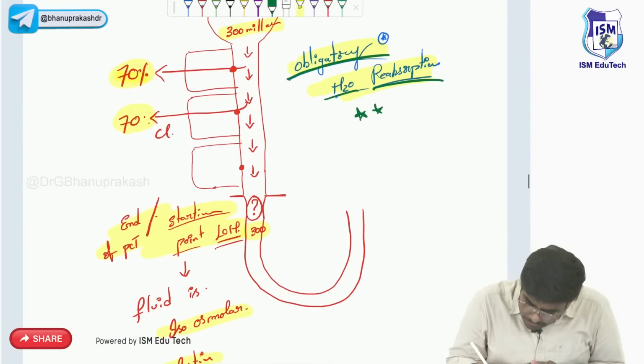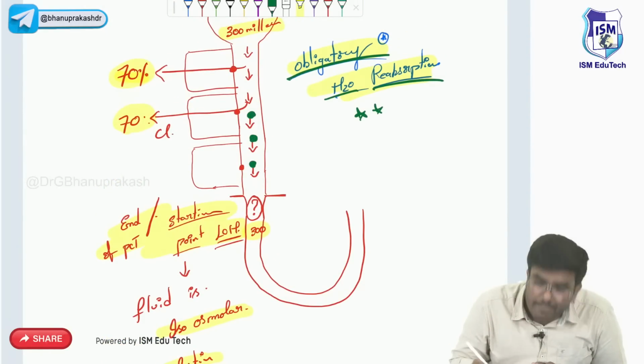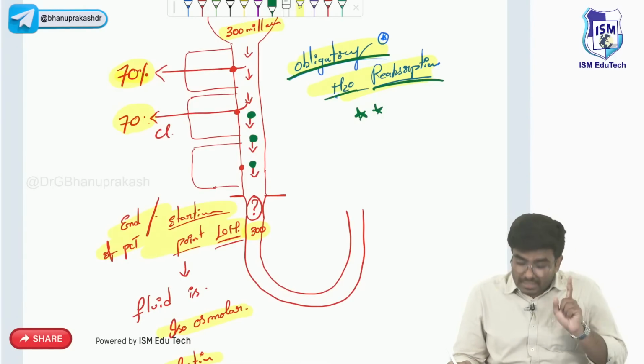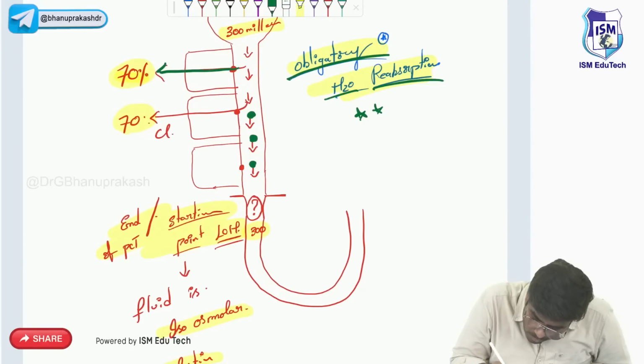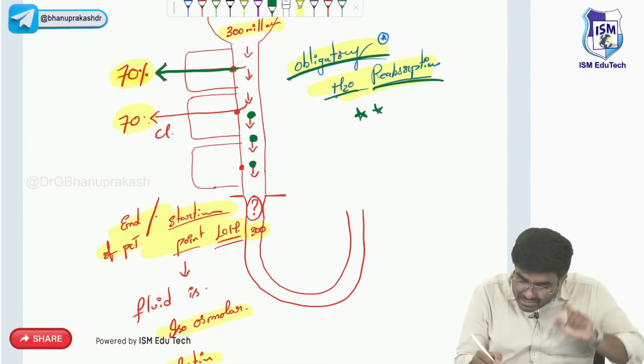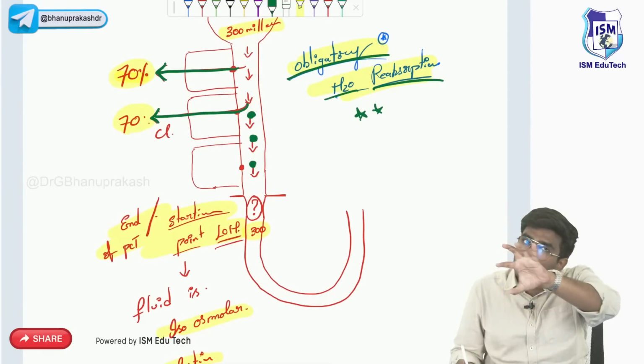Now here, whatever the fluid you have in the PCT, is the fluid in the PCT hyperosmolar or hypoosmolar? Remember, 70% sodium gone means 70% of solute is reabsorbed, as well as the same concentration of solvent is reabsorbed.